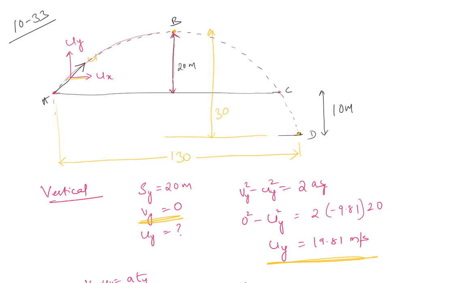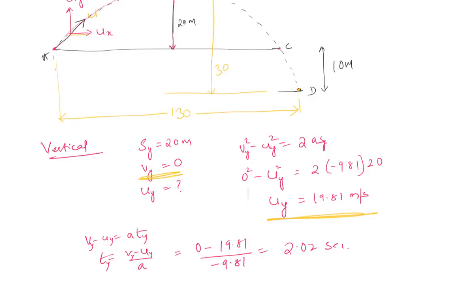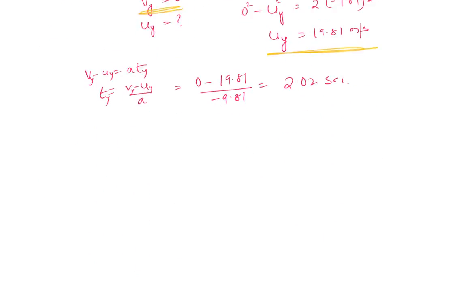So from this we can obtain the velocity at D, and from there we can get the time it takes from B to D. Same way as from A to B, we calculated the velocity, and then we calculated how much time it took, and then from B to D we're going to calculate the velocity and the time it took, and we're going to use the same set of formulas.